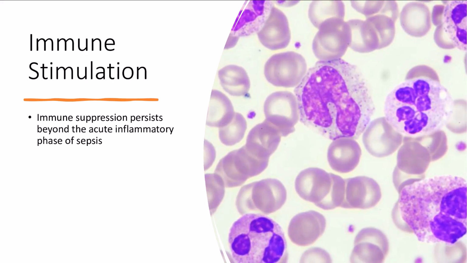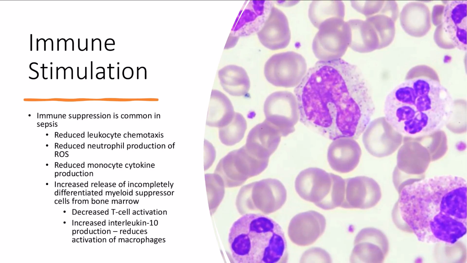In fact, most people with sepsis who end up dying die in part as a result of complications from the anti-inflammatory or immune suppressive phase of their systemic illness. So that is a significant complicating factor in patient management. Immune suppression is really common. We get reduced leukocyte chemotaxis, so it's less likely for those leukocytes to be attracted to sites of injury or infection. There's reduced neutrophil production of reactive oxygen species.